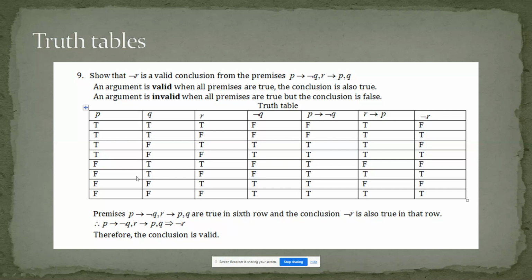By observing, in the sixth row, Q is true, P conditional negation Q is true, R conditional P is true. All the premises are true in the sixth row, and then check its conclusion. Yes, the conclusion is also true. Therefore, it is a valid conclusion. If the premises are true but the conclusion is false, then we say it is an invalid conclusion.